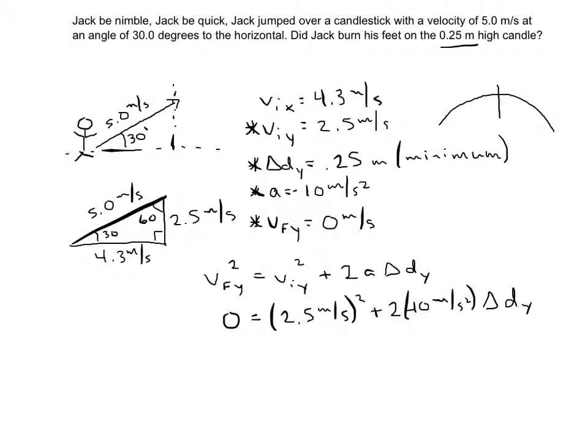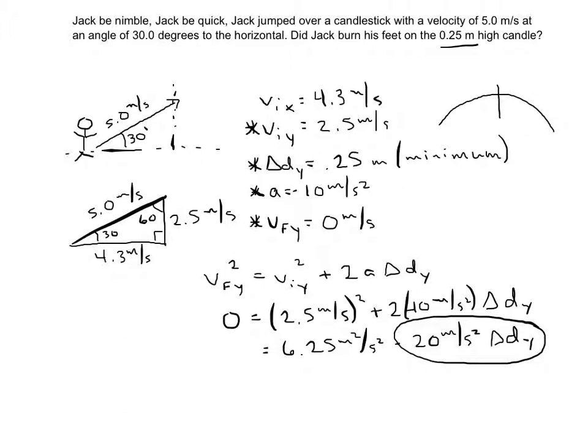When we go through the calculation pieces of this here, we're going to get 6.25 meters squared per second squared, minus 20 meters per second squared delta dy. I'm going to move this piece over to the left side of the equation by adding the whole thing.